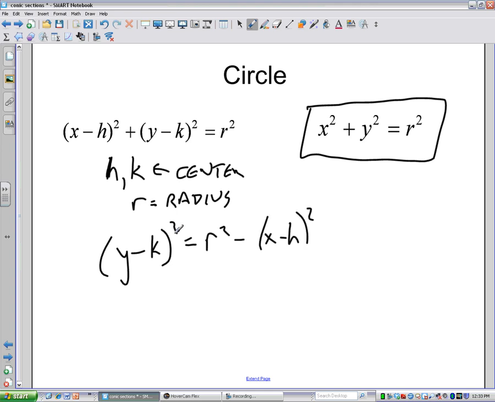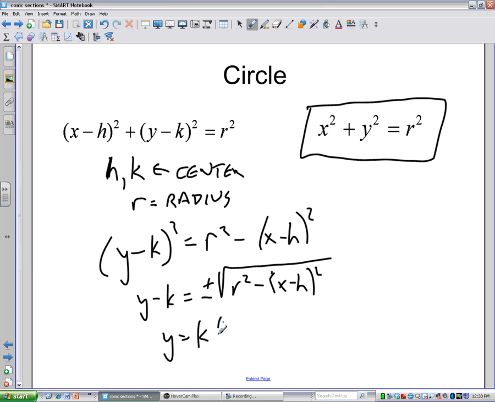Then I'm going to take the square root of the whole thing. So y minus k equals plus or minus the square root of r squared minus (x minus h) squared. Then y equals k plus or minus the square root of r squared minus (x minus h) squared.